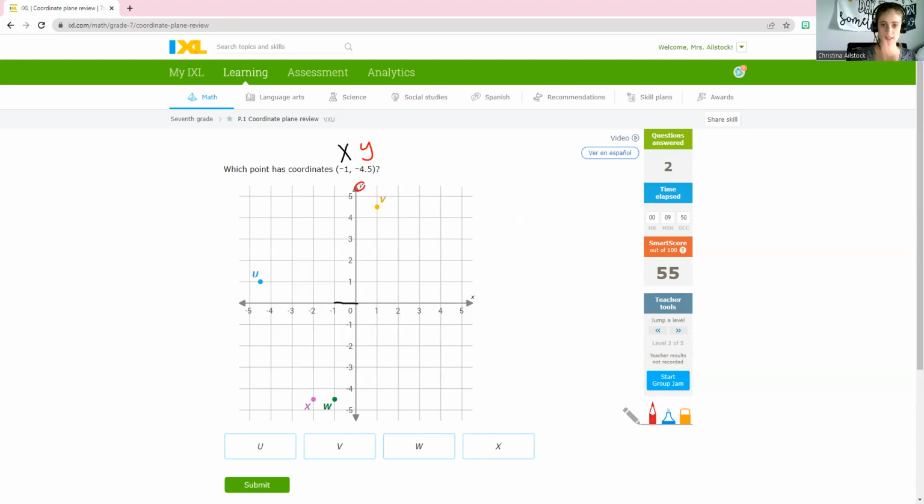Remember, your y-axis is vertical, so because it's negative, our negative numbers are down below. So we're going to go down 4.5 units. So 1, 2, 3, 4.5 lands us right here at W. So point W is the ordered pair that has those coordinates.